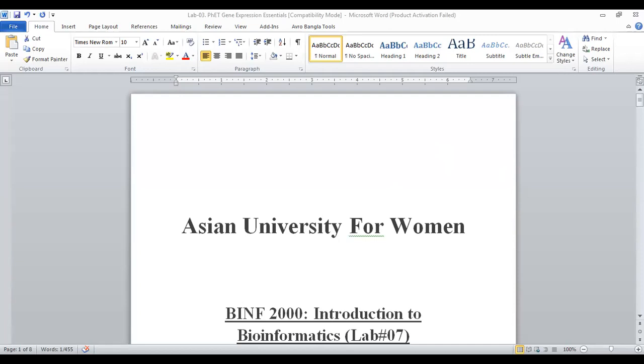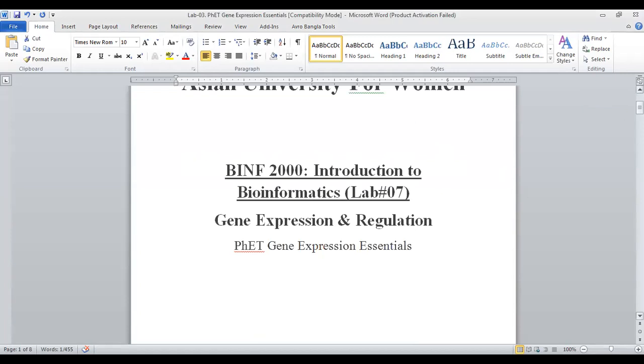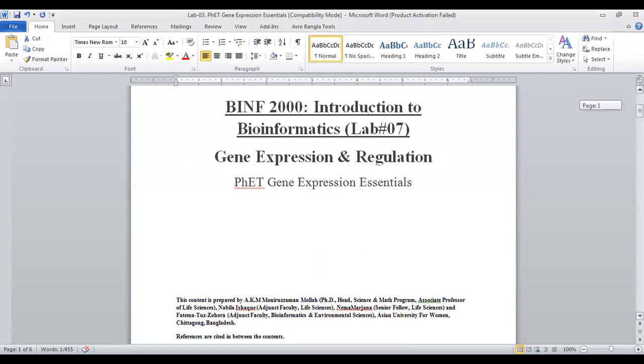Today we will perform gene expression and regulation. We will use PhET gene expression essentials as the tool.